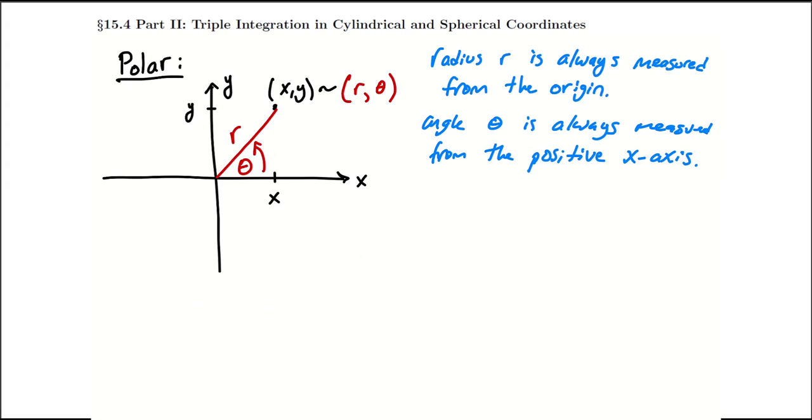Now, how does Cartesian come into play? Well, for Cartesian, we end up having three dimensions. So we have a z-axis now.